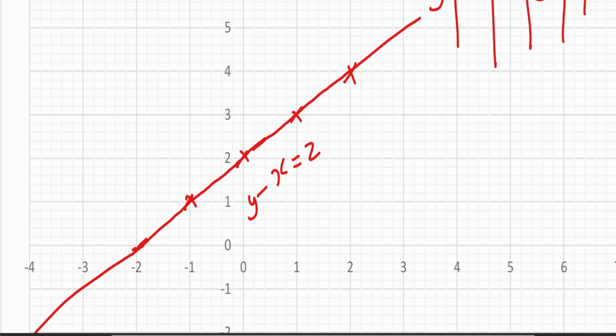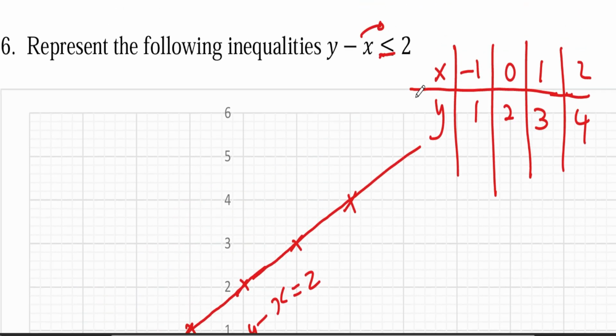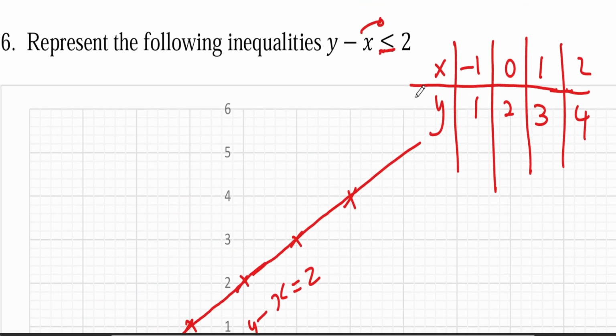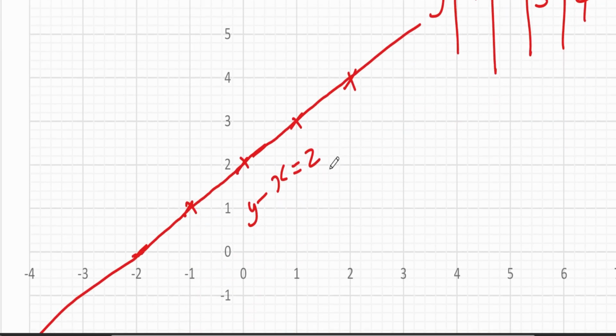Right, just like we said, it will look like this. Since it will look like this, the region that we need is below, because it is less than or equal. When you look, there is top and there is bottom, so this is the top, this is the bottom.